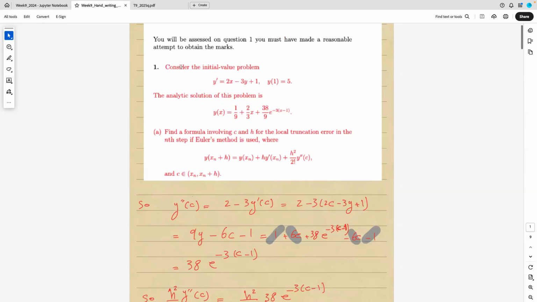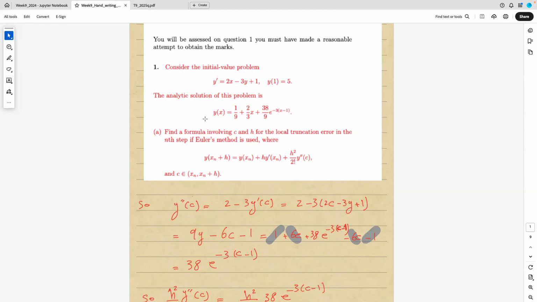So the first question is the same here. An ODE in the format of y prime equal f of x y, where f of x y is equal to 2x minus 3y plus 1, is given to us.